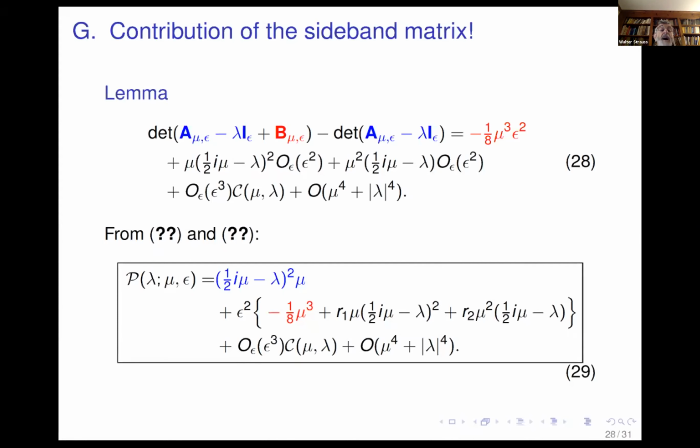Anyway, when I combine these calculations, you get equation 29. 29 says you get the first term in blue and the second term in red. And that second term in red will give us the instability.